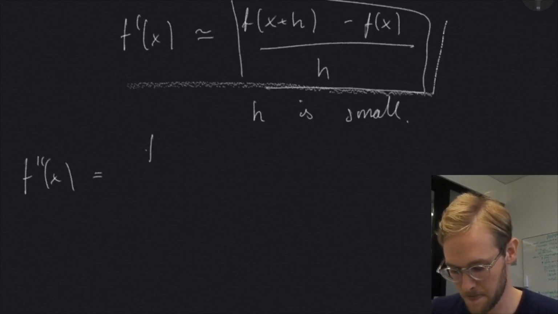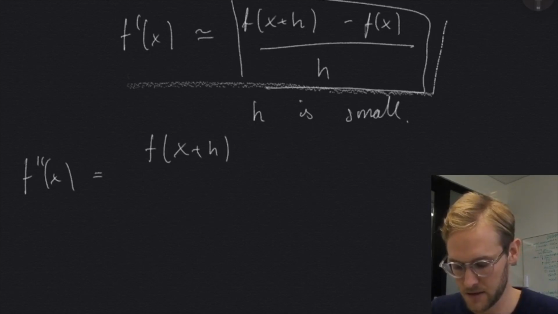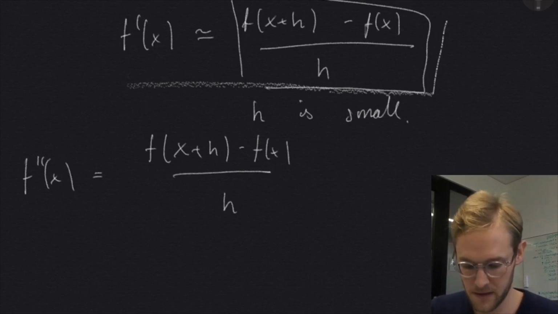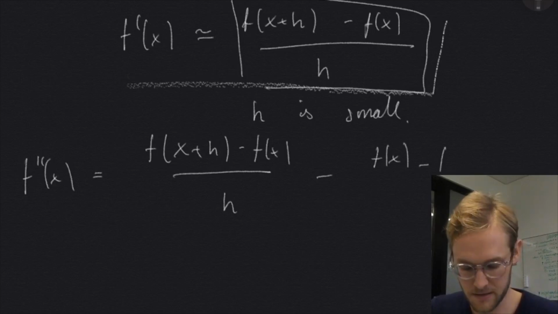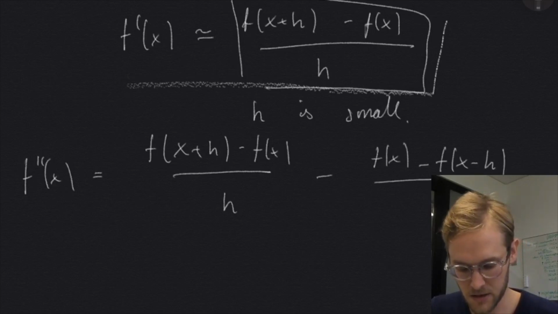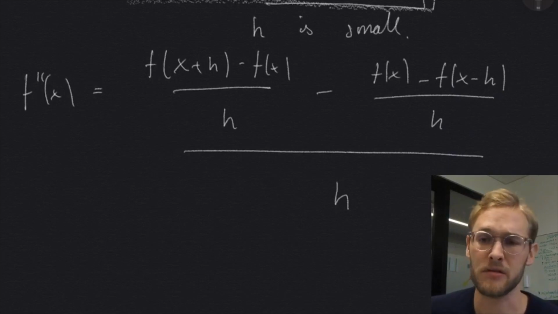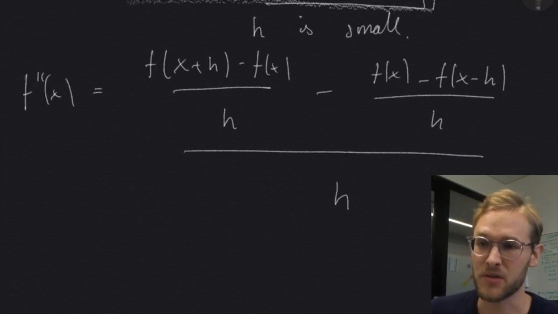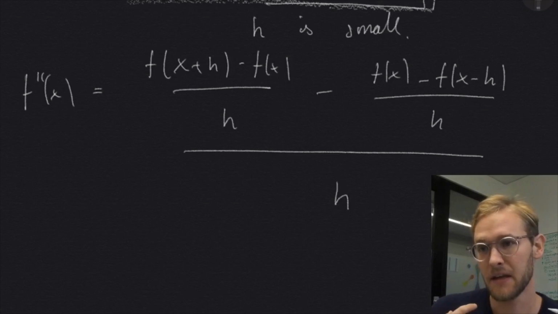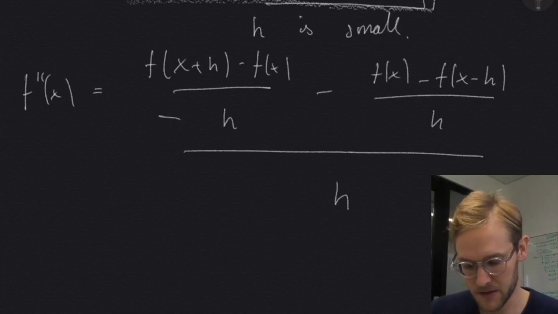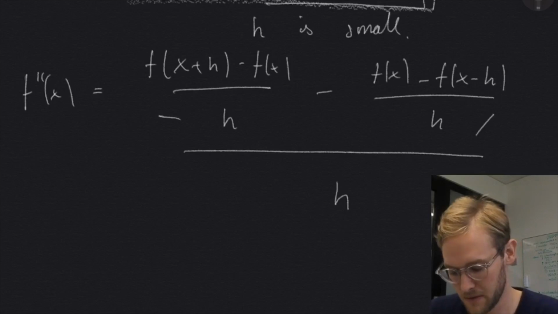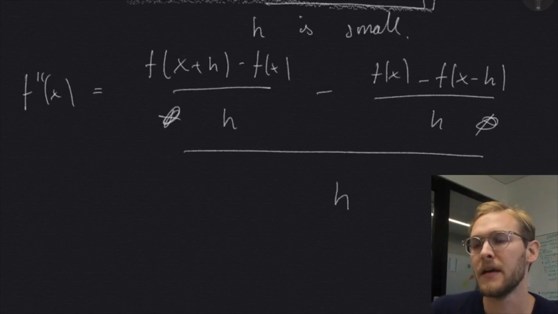So first we'll have f of x plus h minus f of x, divided by h. So that's one derivative. And we'll have minus f of x minus f of x minus h. There you go. So now we have applied the numerical approximation of the derivative twice, forwards and backwards.